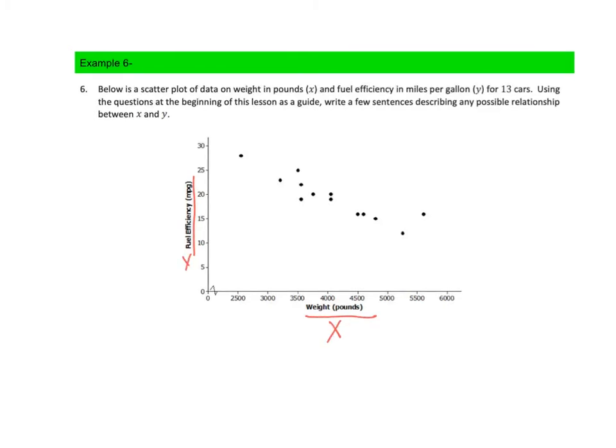If you think back to the beginning of this lesson, the first question was, is there a relationship? I can see that there is a relationship between x and y, which was between the weight of a car, our x, and our y variable, fuel efficiency.